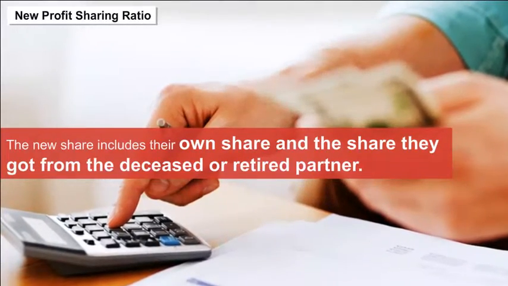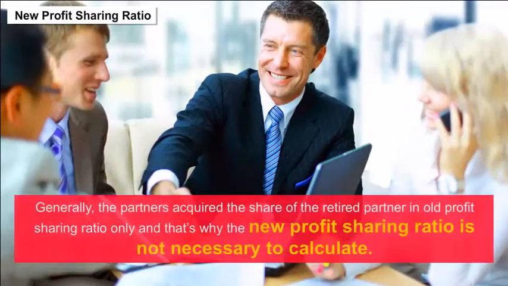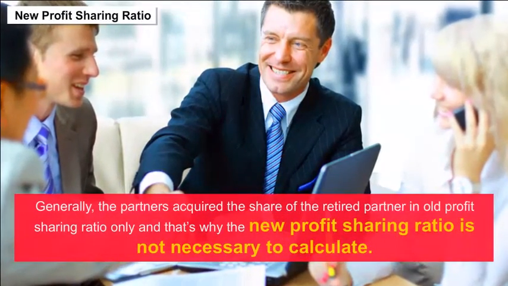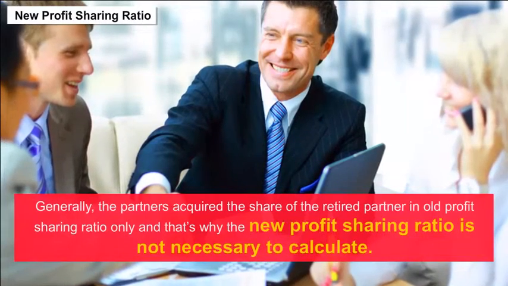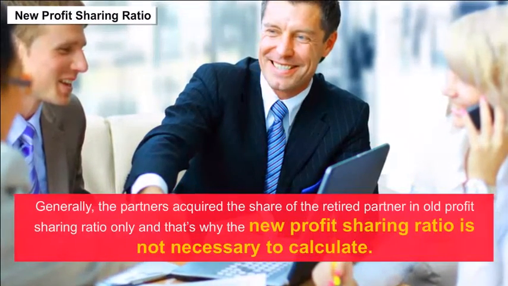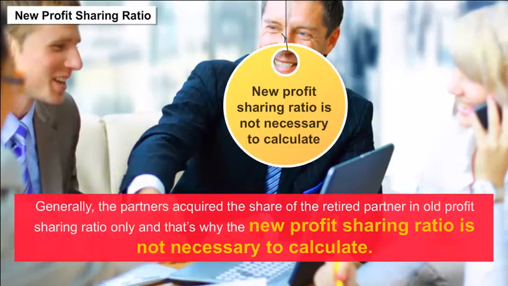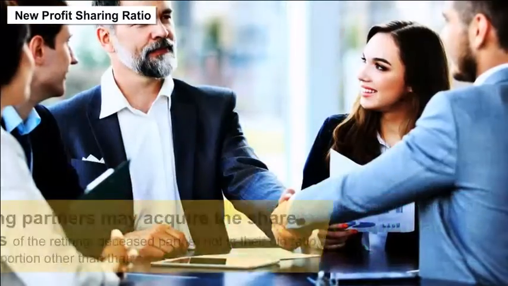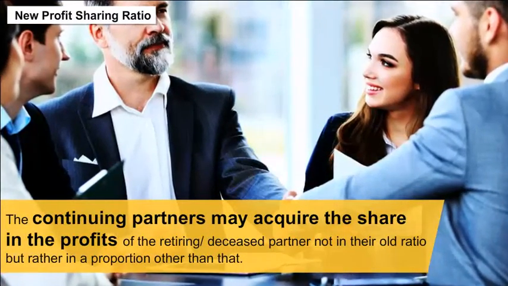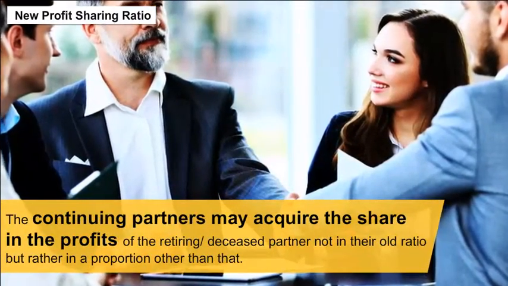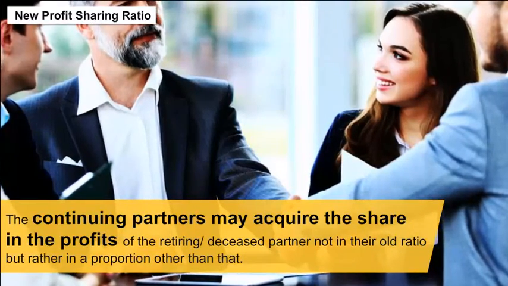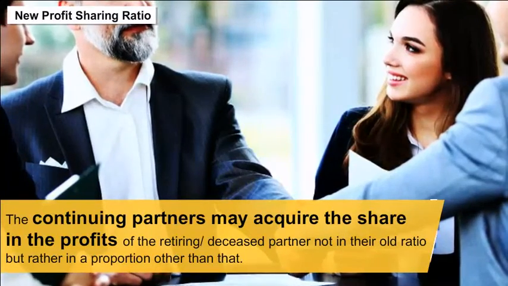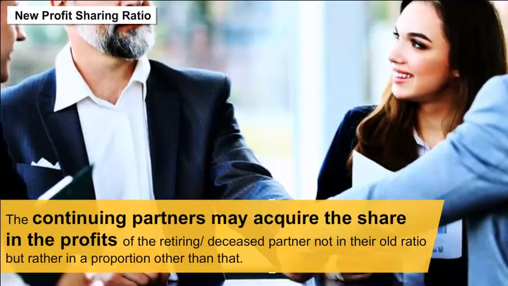Let us take two situations. A. Generally, the partners acquire the share of the retired partner in the old profit sharing ratio only, and that's why the new profit sharing ratio is not necessary to calculate. B. The continuing partners may acquire the share in the profit of the retiring or deceased partner not in their old ratio, but rather in a proportion other than that.